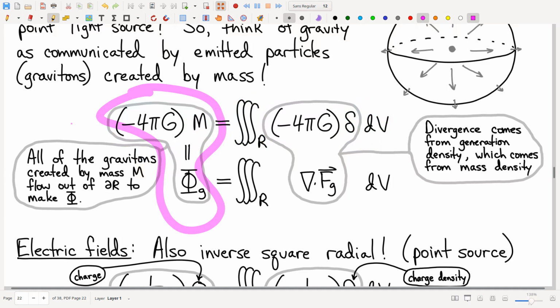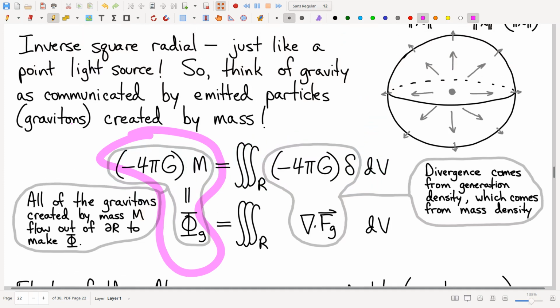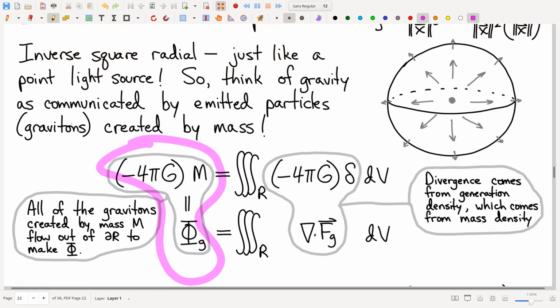We have to kind of, again, think through the physical scenario here. We've got some mass on the inside of a fixed sphere. Mass creates gravitons. And if I want to ask, what is this total flux of gravitons through this outer sphere?